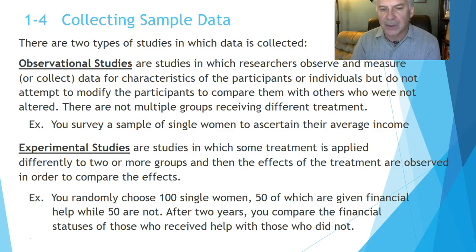Now, experimental studies are studies in which some treatment is applied differently to two or more groups. That's the key. You've got to have two or more groups that you're treating differently. Then the effects of the treatment are observed in order to compare the effects. Now, suppose you randomly choose 100 single women, 50 of which are given financial help while 50 are not.